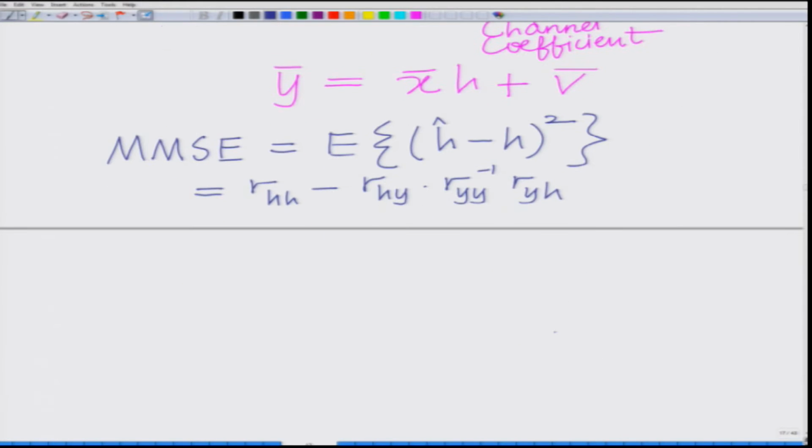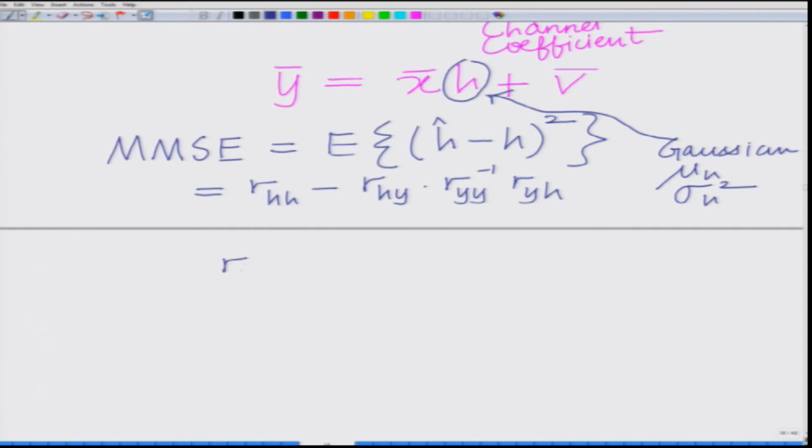Remember we are considering the channel coefficient h to be Gaussian, the prior distribution is Gaussian with mean mu h and variance sigma h square.